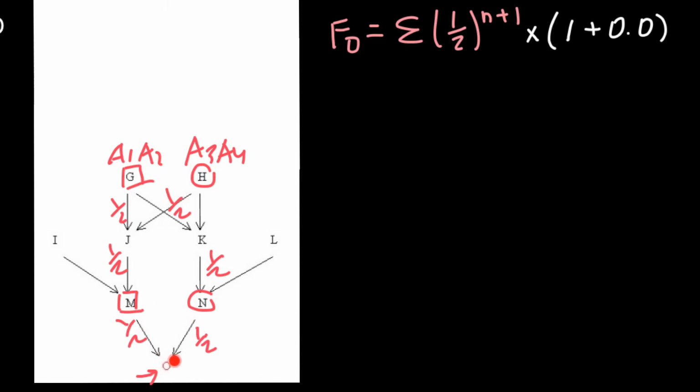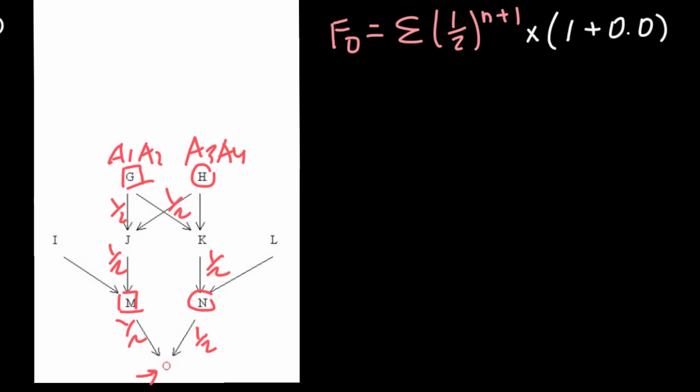Once again, this is going to be 1/2 to the power of 6. So the probability for this individual to be homozygous for either the A1 or A2 allele in this loop would be 1/2 to the power of 6 plus 1/2 to the power of 6. This equals 1/2 to the power of 5, or 1 over 32.